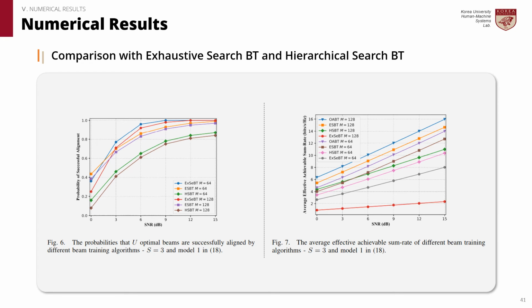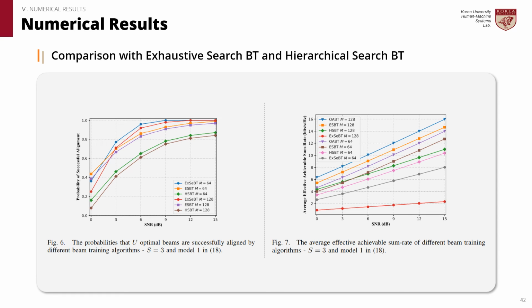It is observed from Figure 6 that EXSEBT achieves the highest probability of successful alignment. However, EXSEBT sweeps the entire beam space, which is time-consuming and may not be applicable if the channel or the environment vary fast.